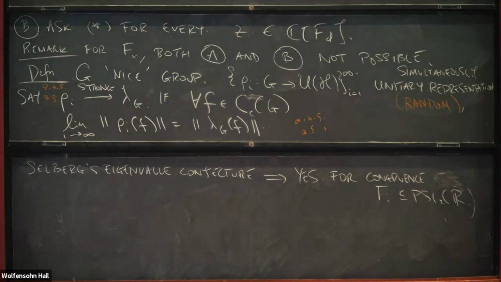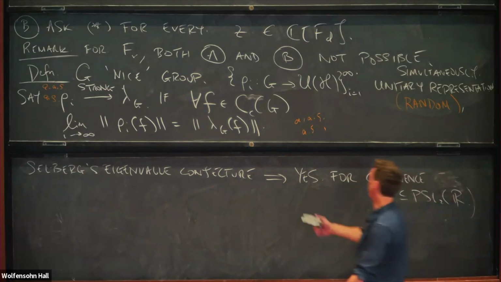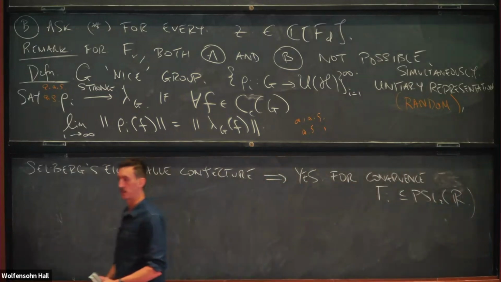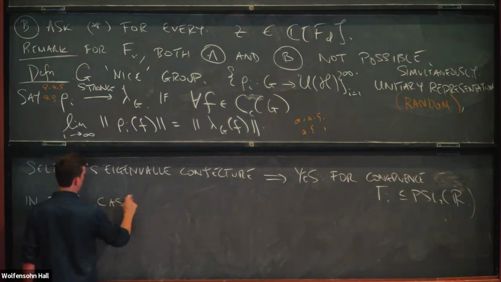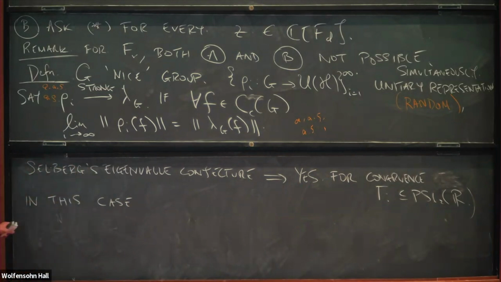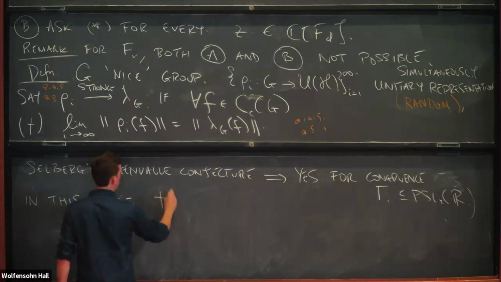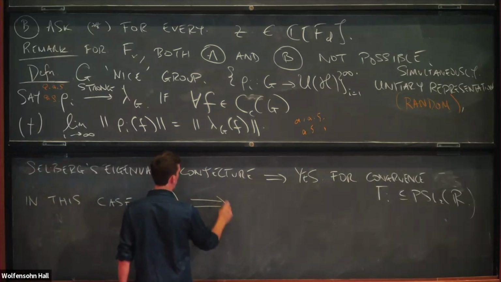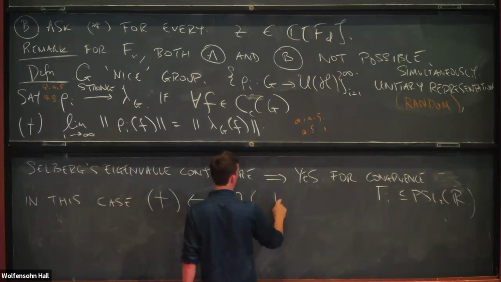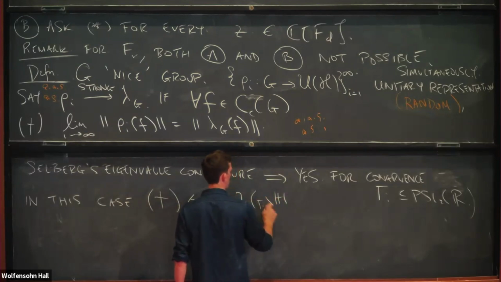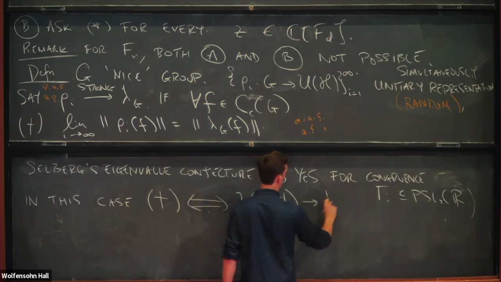So what is this strong convergence really saying in this setting of lattices in PSL2R? You can describe strong convergence. Let's call this dagger. Dagger is equivalent to lambda_1 of H mod gamma_i tending to 1/4.